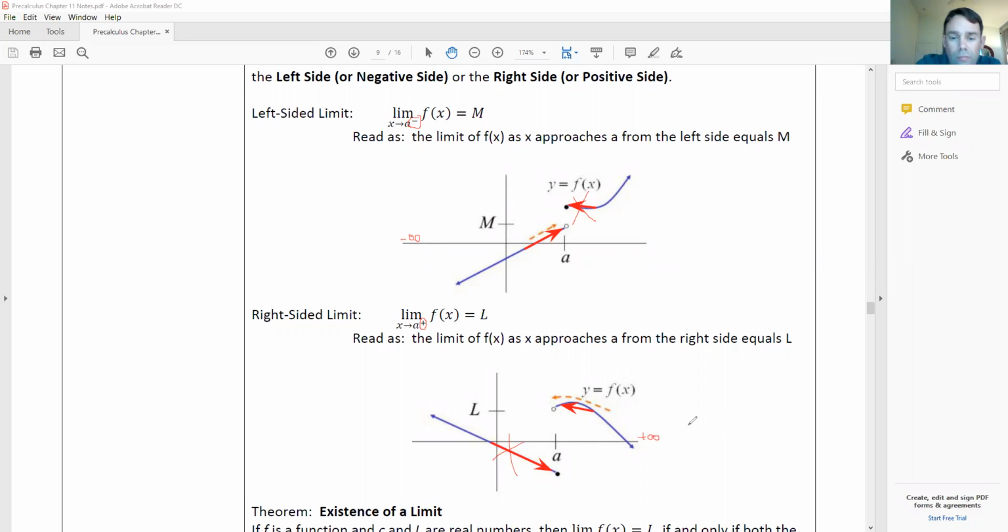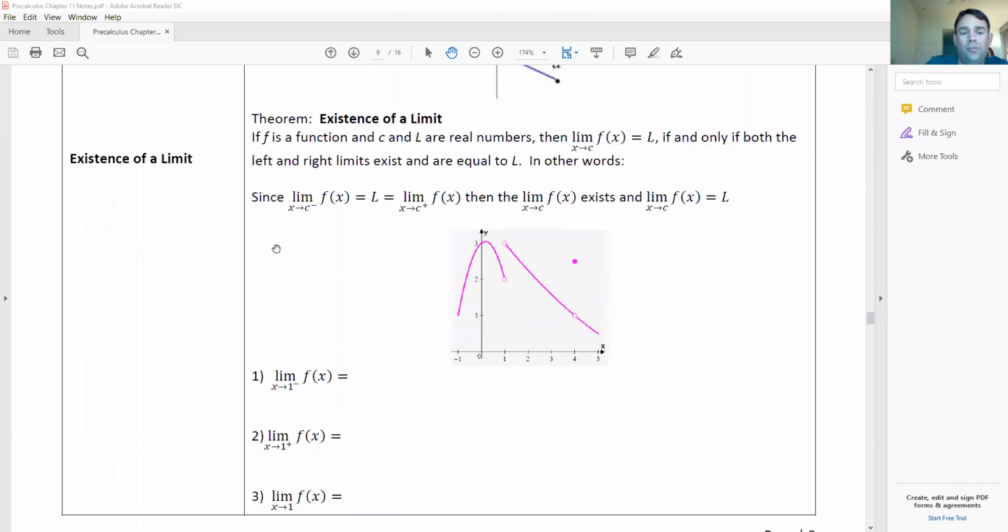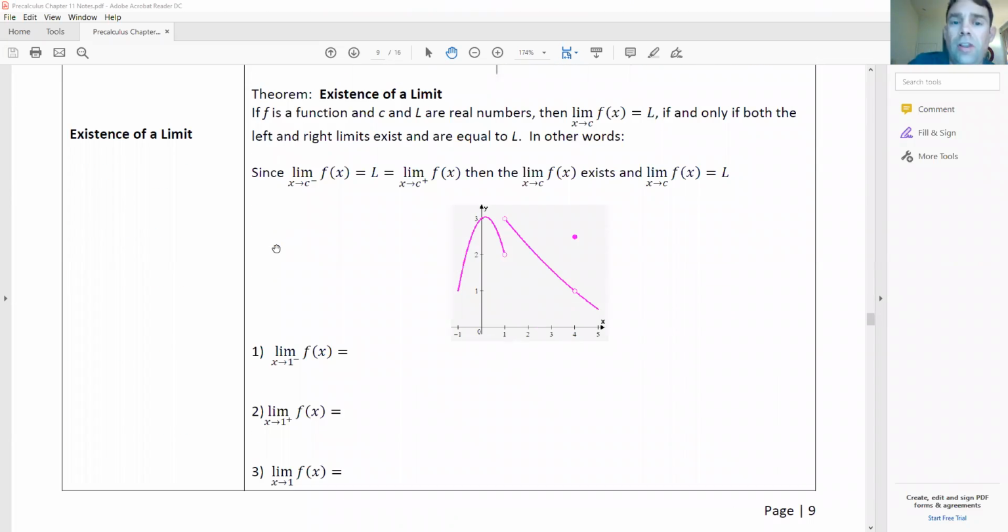Now in order for limits to exist, the two sides have to be equal. So we would say that the limit doesn't exist at a, as x approaches a, because the two one-sided limits don't equal each other. They don't agree. In fact, that's one of our famous theorems here. We call it the existence of a limit theorem.